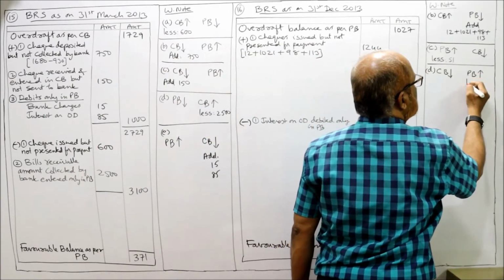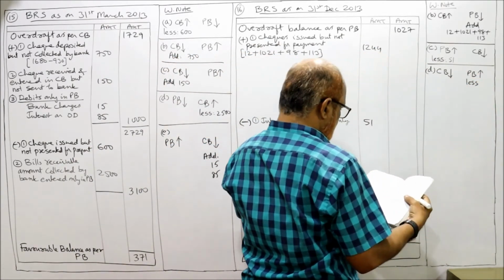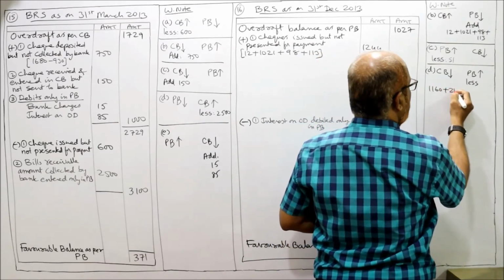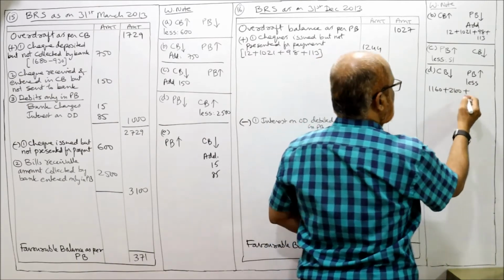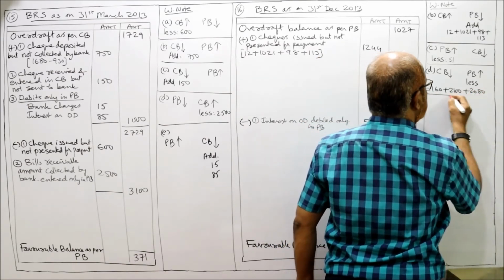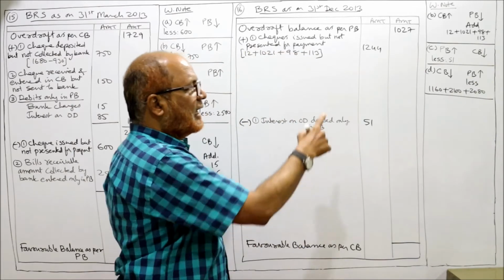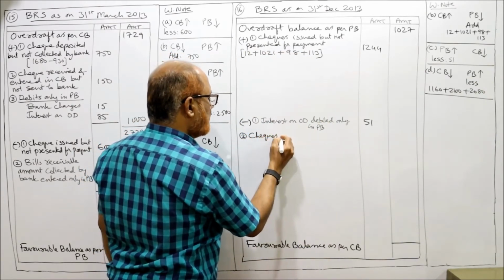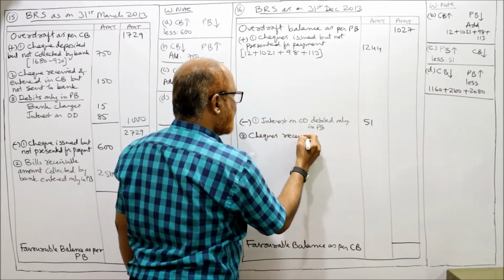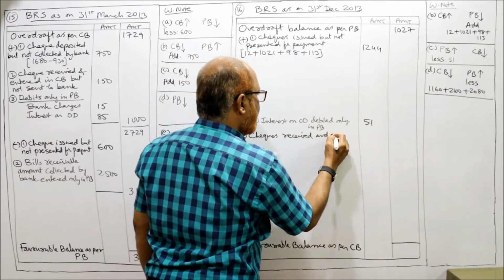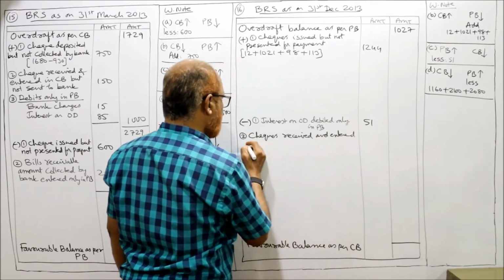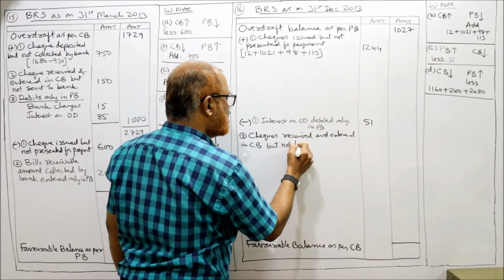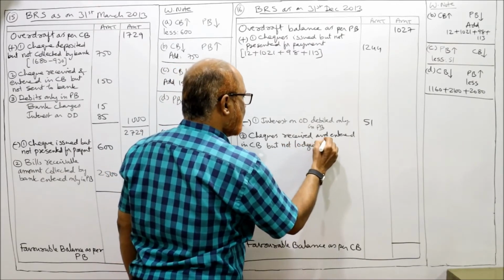Starting point passbook. So it is showing more. So we have to deduct less. What are the amounts? 1,160 plus 2,100 plus 2,080. These are the three checks. What we have to do here? Let's subtract. Checks received and entered in cash book but not lodged with bank.